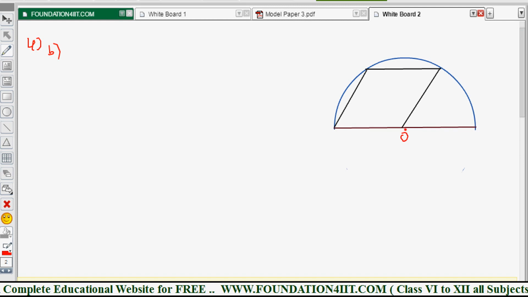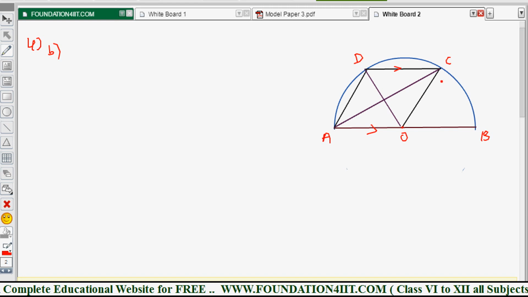Okay, O is the center of the circle, AB is the diameter, C and D are points on the circle, and DC is parallel to AO. Join these lines in between. So AOCD is a parallelogram. The diagonals are bisecting each other.